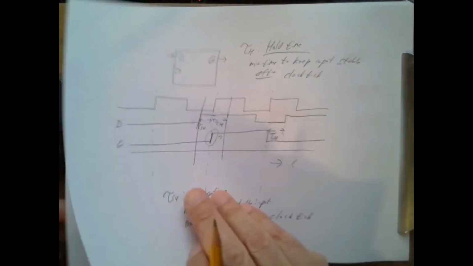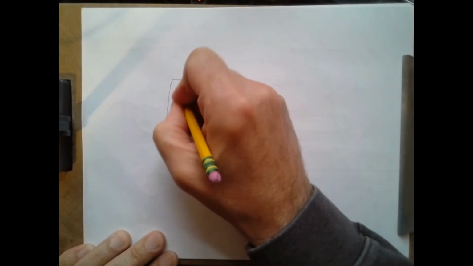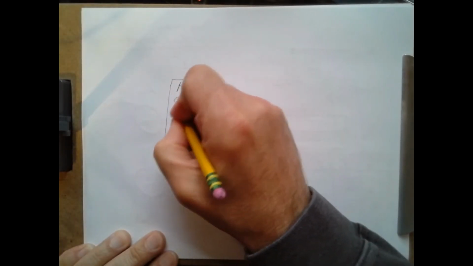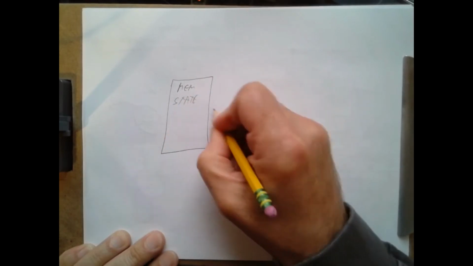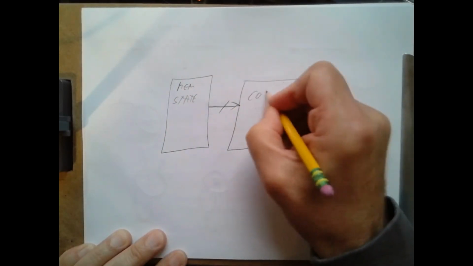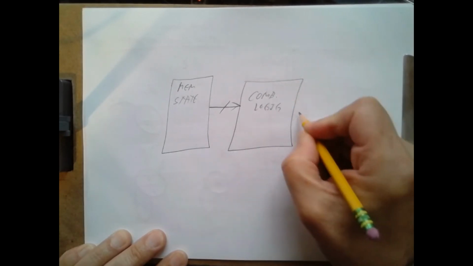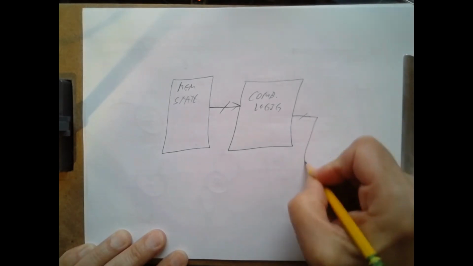Alright, so what does that do for state machines? Well, remember our picture of a general state machine looks like this. We have memory, which is the state of the system, and some collection of that feeds our combinational logic, and the output of the combinational logic. So these are buses.